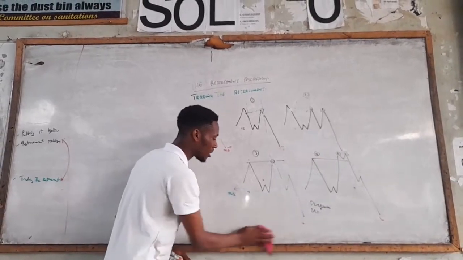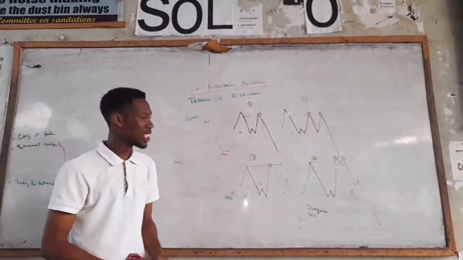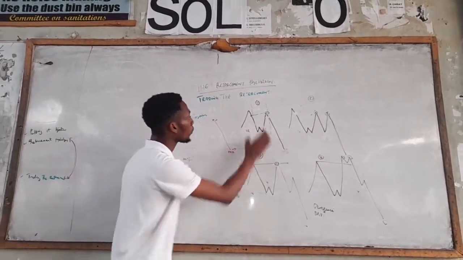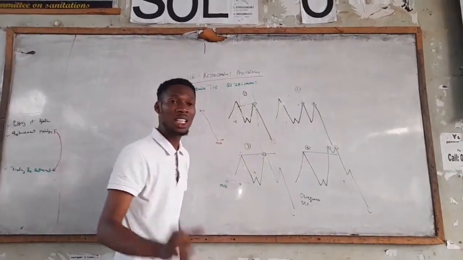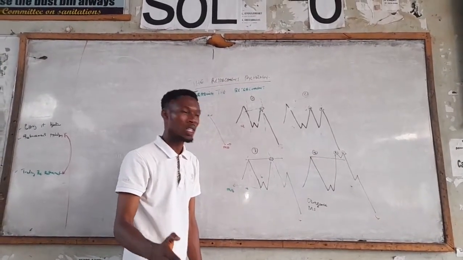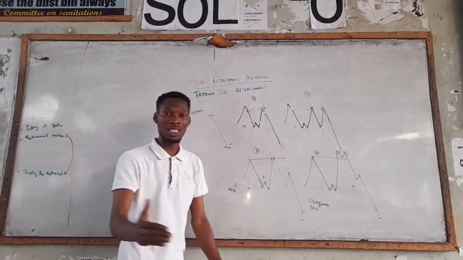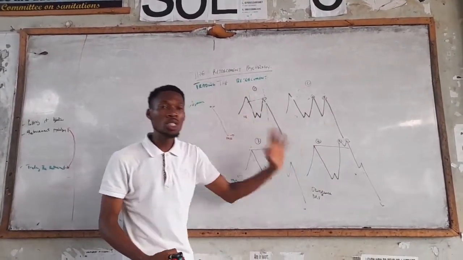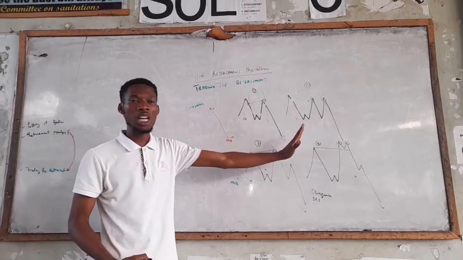Now this is the retracement. When it comes to timing of ABC, if it's the daily time frame, we always take the range of 8 candles. The same thing with the weekly time frame. They always take 8 to 12 candles. So the least is 8 candles, regardless of the time frame.